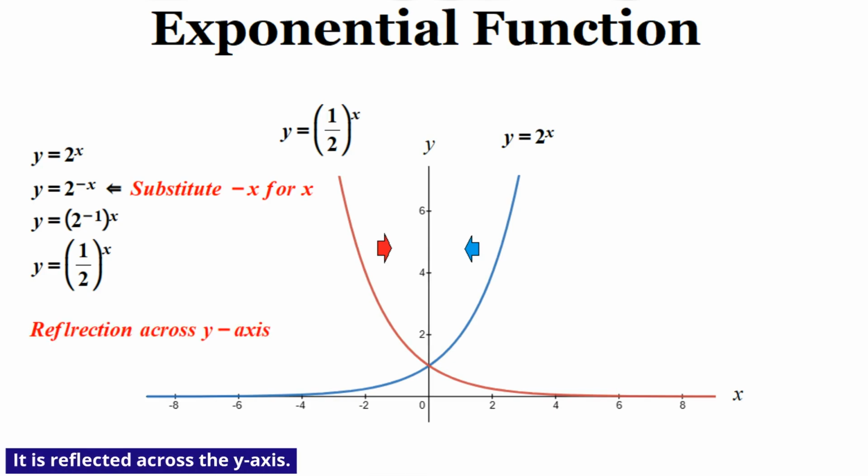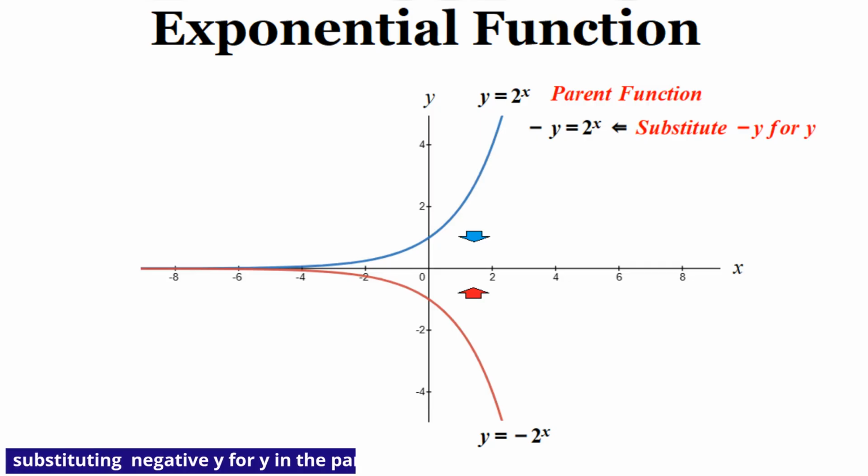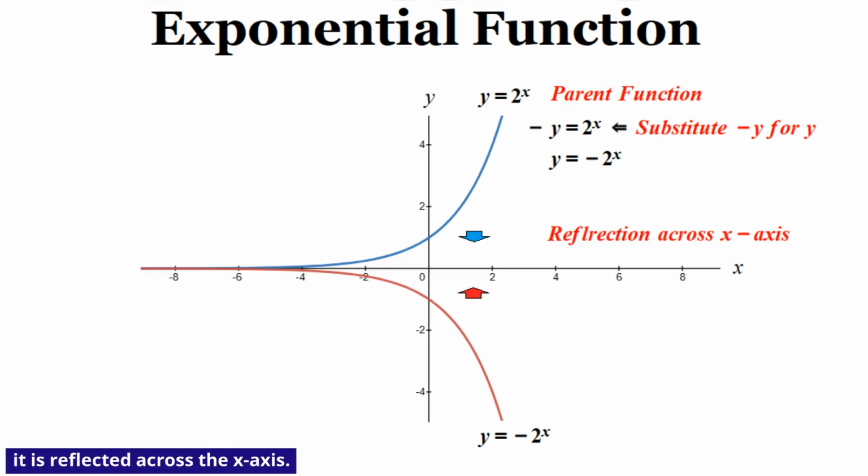It is reflected across the y-axis. Examining the different case, substituting negative y for y in the parent function results in y equals negative 2 to the power of x. It is reflected across the x-axis.